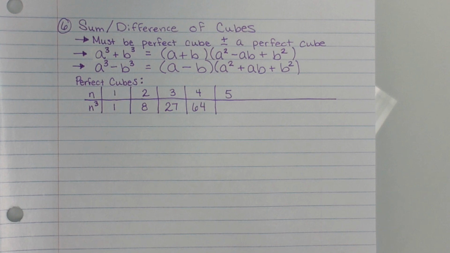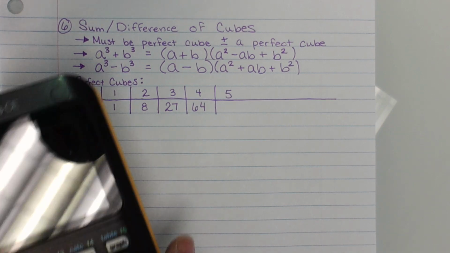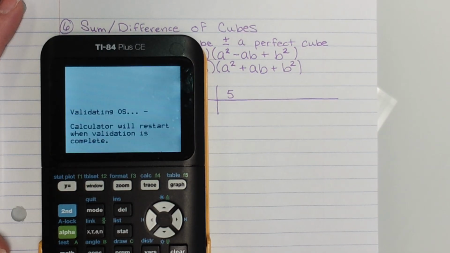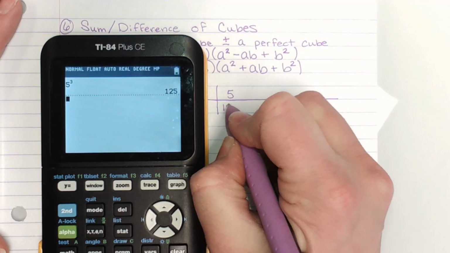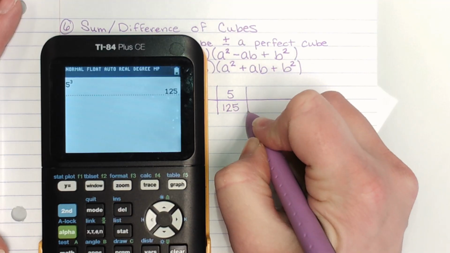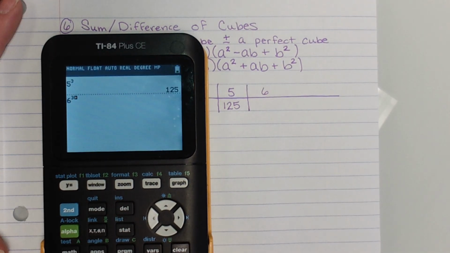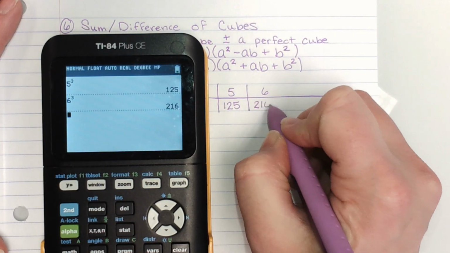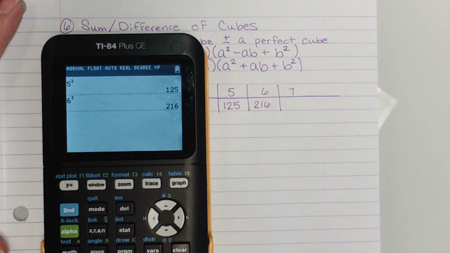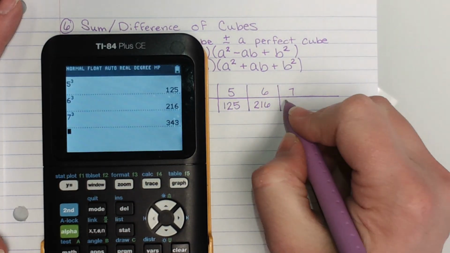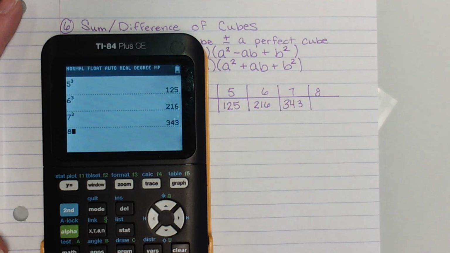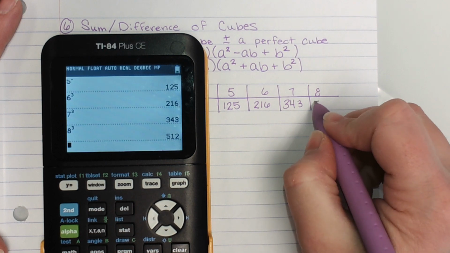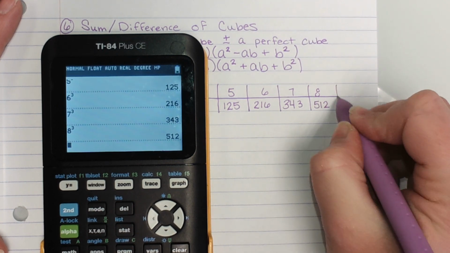Now, if you have no earthly idea what the perfect cubes are, could you find them on your calculator? Yes, you just start taking numbers and putting them to the power of 3. 5 cubed is 125. 6 cubed is 216. 7 cubed is 343. 8 cubed is 512.